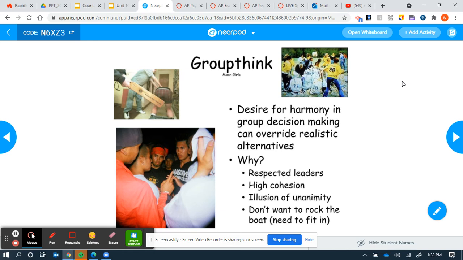Who in here has ever been in a group of friends where somebody suggests something you should do, and you know in your mind this is a dumb idea? You're looking around at everybody, thinking, everybody else must think this is a dumb idea.